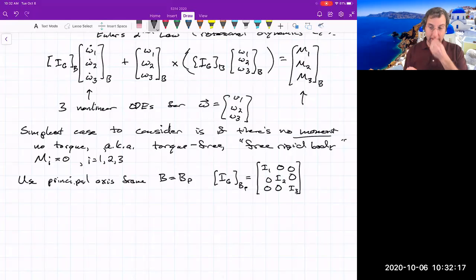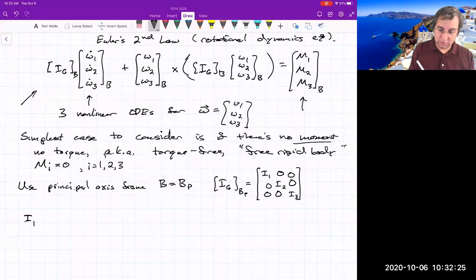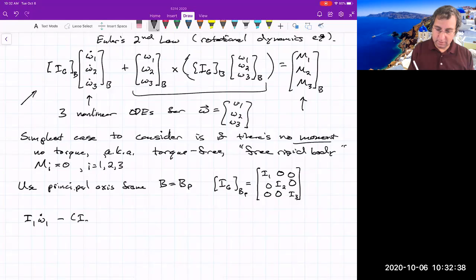Now substitute that into Euler's second law, and what will we get? For the first ODE, I1 times omega 1 dot, and then if you work out the cross product part, you can write it this way: plus (I3 minus I2) times omega 2 omega 3, and then the right-hand side equals 0.